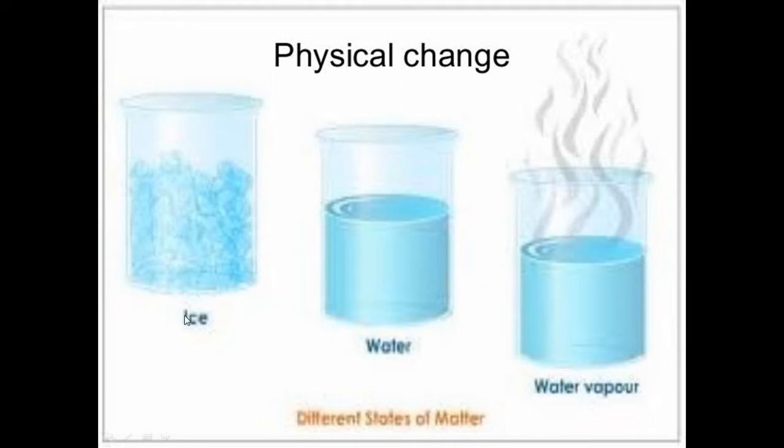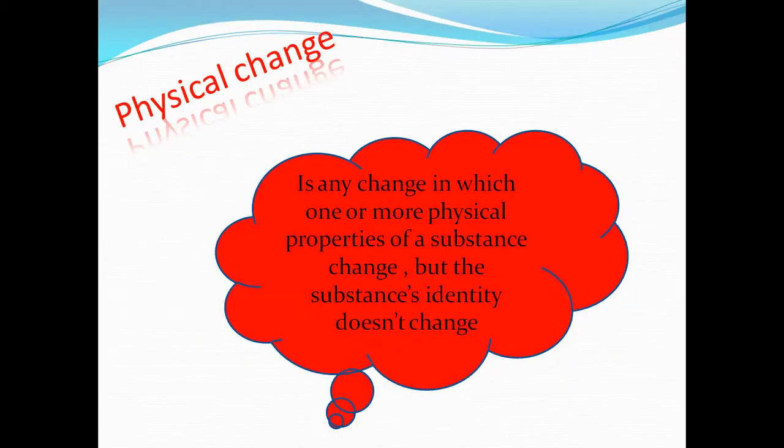Here the ice in the form of solid will change into liquid. After heating, it will change into water vapor. Simply, this is called physical change. So what is meant by physical change? It is the change in which one or more physical properties, like as you saw the physical state of the water, change from solid into liquid into gas.